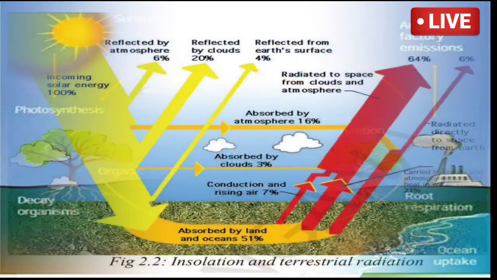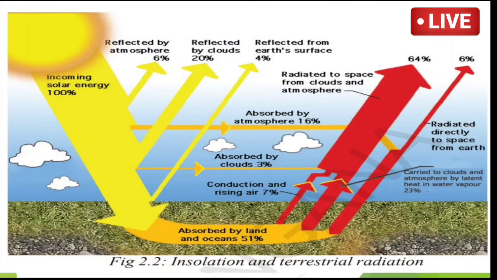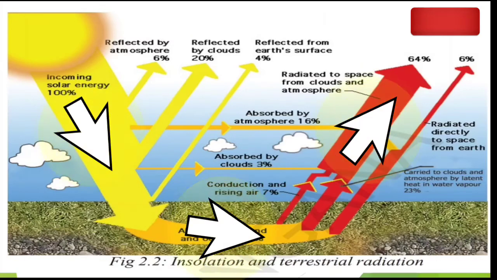Even the rays that reach the ground do not heat the earth surface uniformly. This is because of the curved nature of the earth surface, as we already discussed. Because of the curved nature of the earth surface, we are not receiving the temperatures uniformly. Compare the two pictures given here in your textbook to understand.